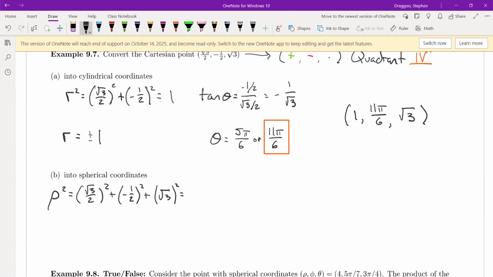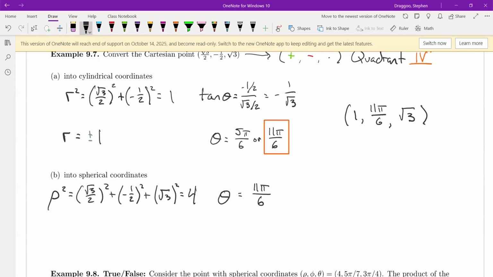And adding all of that up, I got 4. Now, theta will not have changed from cylindrical coordinates. So I'll just bring that back down since I already did the work to solve for it. Theta is the same between spherical and cylindrical coordinates, so I don't need to solve it twice.